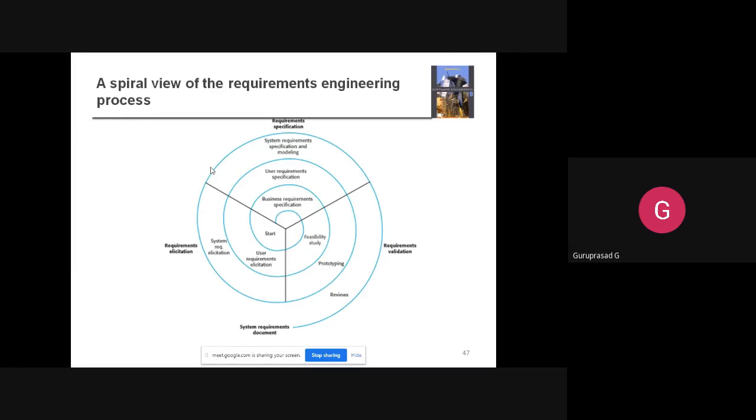Then we have the validation technique, and requirement management is there. You see the spiral model there. What we are going to discuss now is the process model of elicitation and analysis, requirement elicitation and analysis. That we'll discuss later actually.